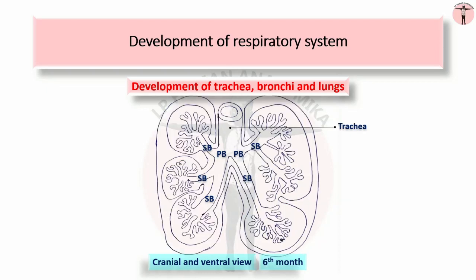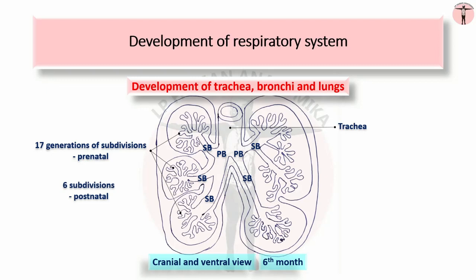By the end of the 6th month or 24 weeks, approximately 17 generations of subdivisions are formed up to the terminal bronchioles. Before the bronchial tree reaches its final shape, however, an additional 6 divisions are formed during postnatal life after birth.